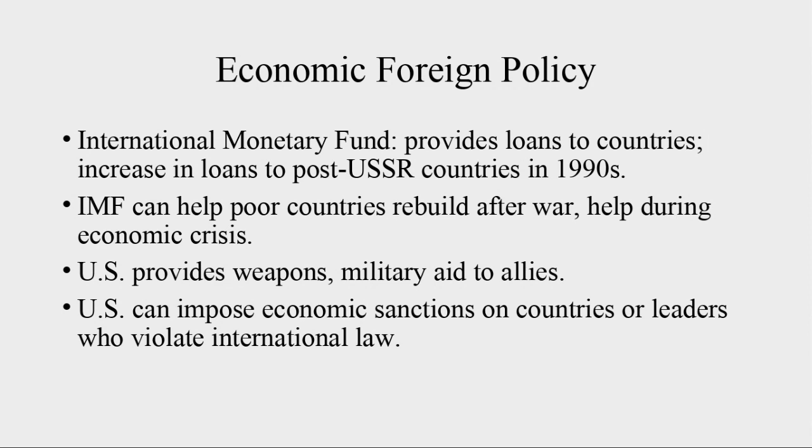And we can choose to impose economic sanctions on a country or a leader who has violated international law. So we can place a trade embargo, freeze a foreign bank account, place a travel ban on someone.